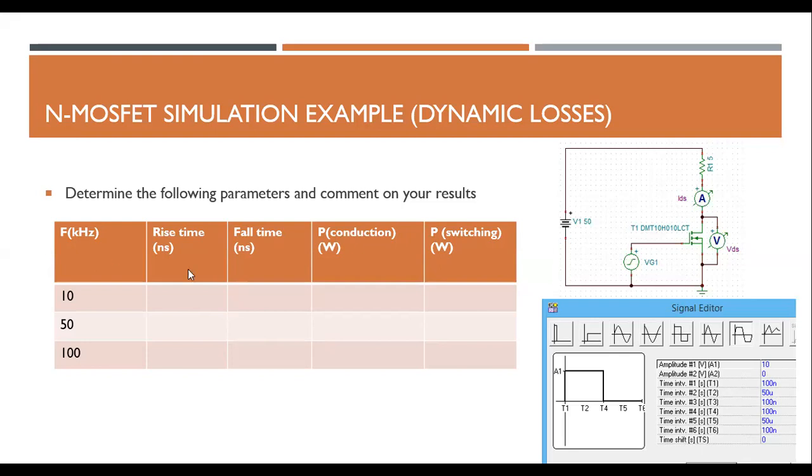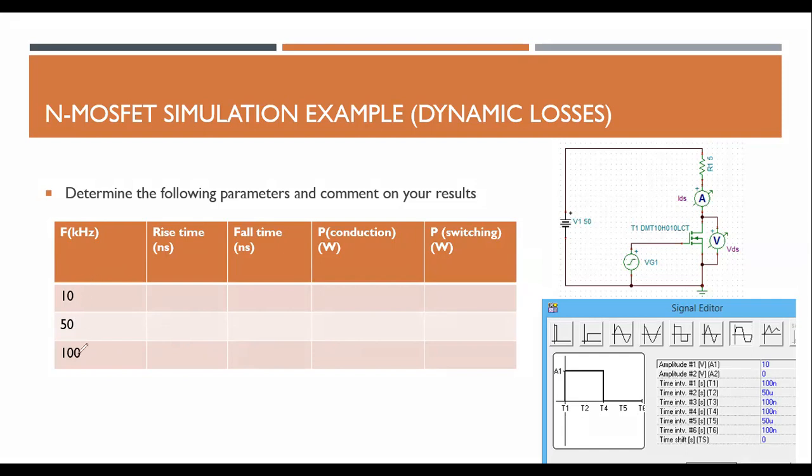Okay, now you can fill in the rise time, fall time, conduction losses, and switching losses in this table for different frequencies. You will understand that the more the switching frequency, you have to change this frequency. It is 50 microsecond turn on and 50 microsecond turn off, so the total time duration is 100 microseconds.